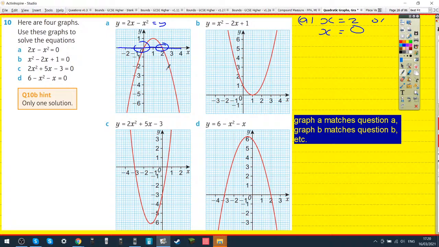What does the +1 mean? So this is the graph of y equals x squared minus 2x plus 1. You have to use it to solve the equation x squared minus 2x plus 1 equals 0.